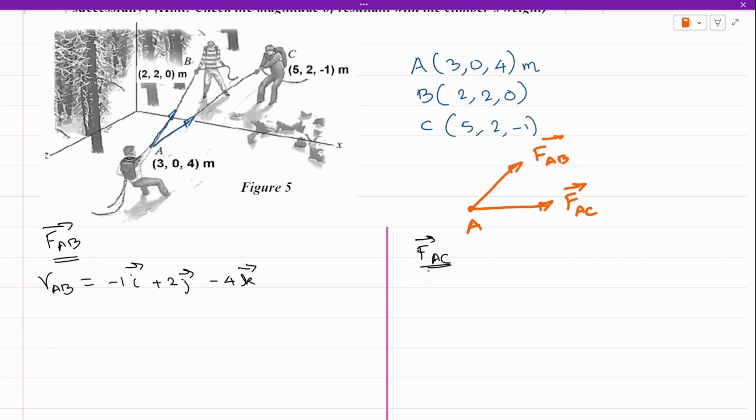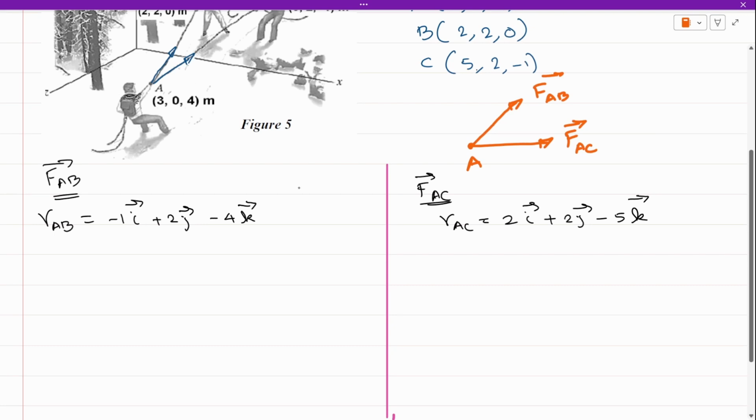Similarly, let us identify our position vector for RAC. RAC is C coordinate minus A coordinate. 5 minus 3, 2 I vector, 2 minus 0, 2 J vector, minus 1 minus 4, minus 5 K vector.